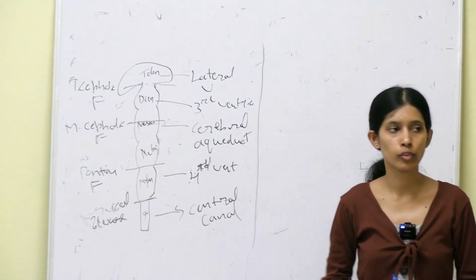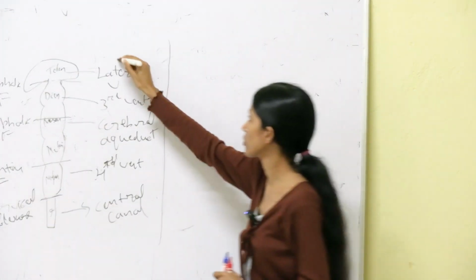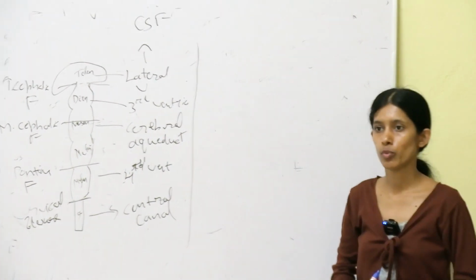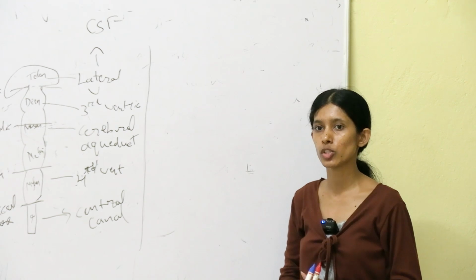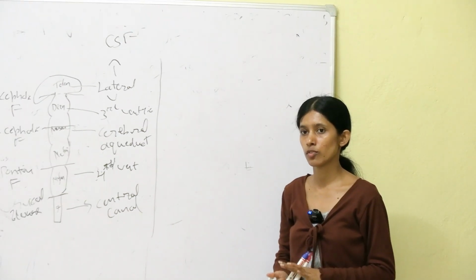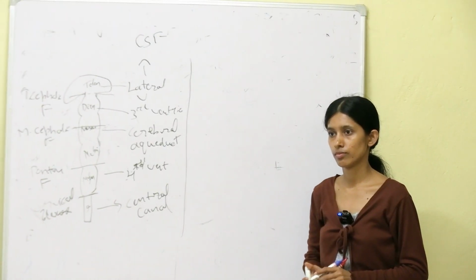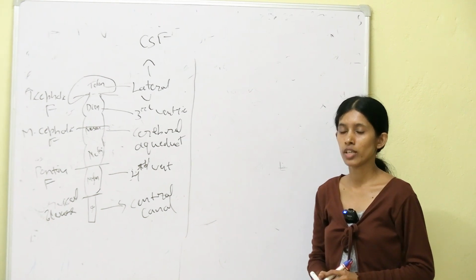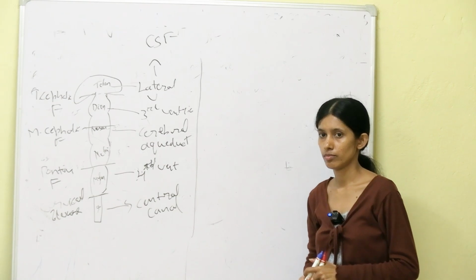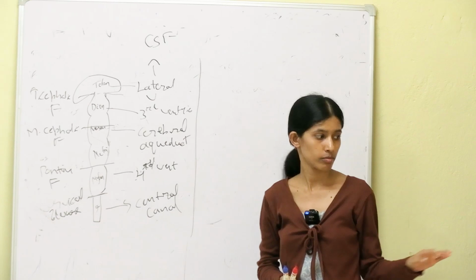Okay. So what fluid runs in this ventricle? It is the CSF. CSF is the fluid that runs in the ventricle. So where can we see the formation of CSF? What are all the components of CSF? Your CSF is made up of what?